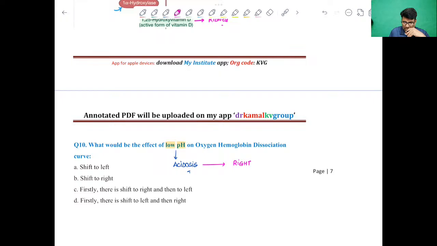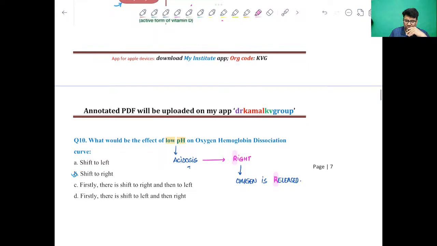When I say the curve is shifted to right, it means the oxygen is released. So you can remember it like this: R and R, shift to right means oxygen is released from the hemoglobin.